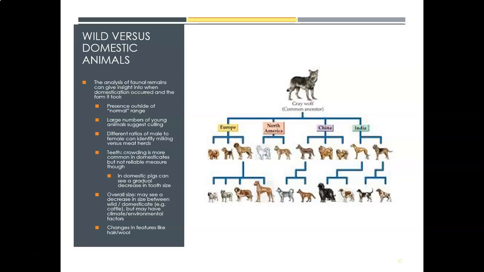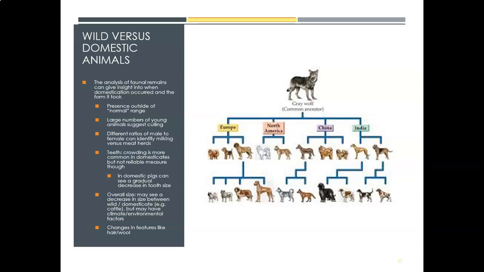Because those young animals aren't able to breed and reproduce and supplement that population. Different ratios of male to female animals can tell us about animals that are being raised for milking and other secondary byproducts versus meat. Teeth are very common in domesticated animals. In pigs, for example, we see a gradual decrease in tooth size. So some animals, we don't like them to be big and scary and have big chompers that can hurt us.